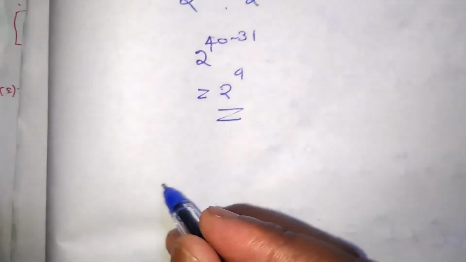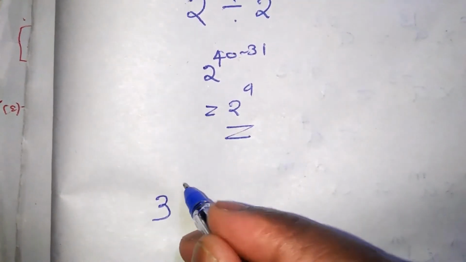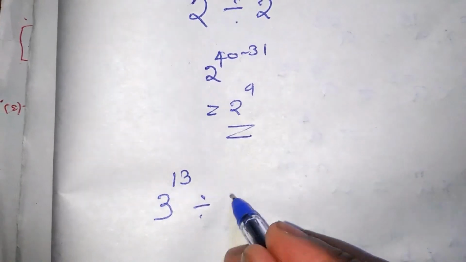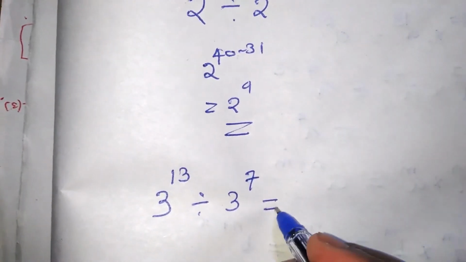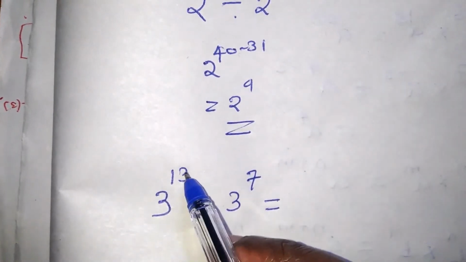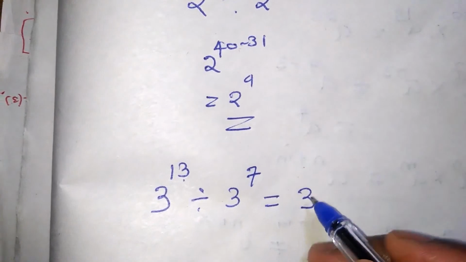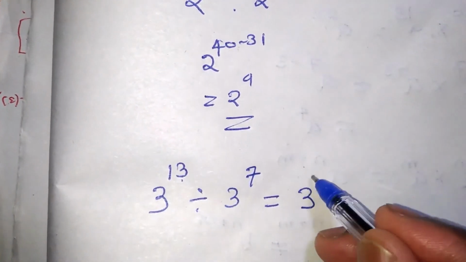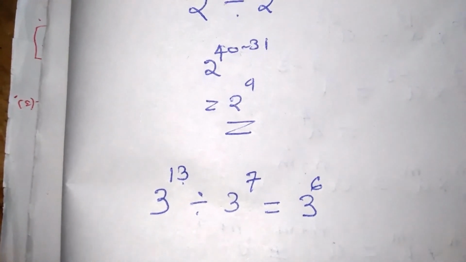Another example would be 3^13 divided by 3^7, which becomes, simply subtract 7 from 13 and you'll get 3 raised to the result of that, which is basically 3^6.